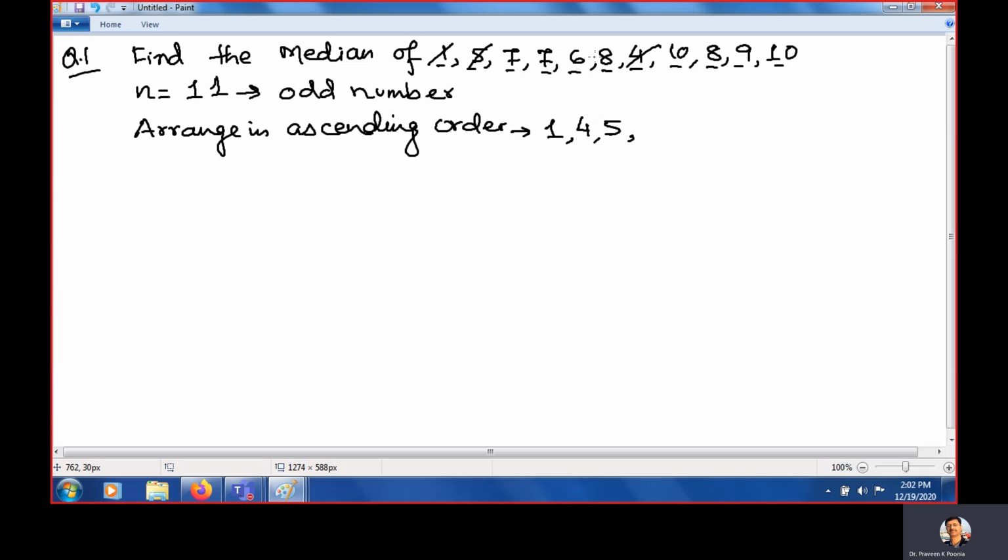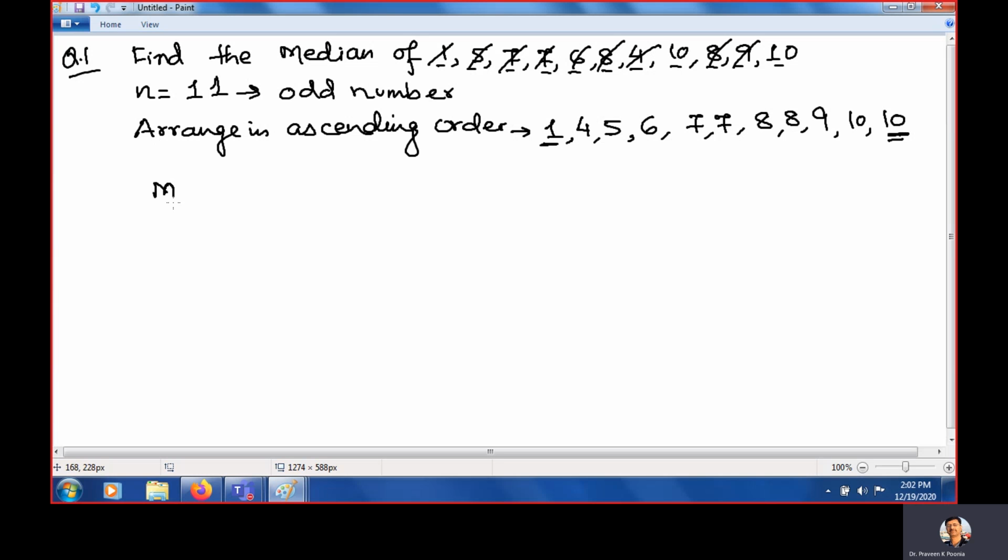What is the next number? It is 6. Then next number 7, 7. Next number 8, 8. Next number it is 9. And next numbers are 10, 10. This is called ascending order. First one is the smallest number and last one is the biggest, highest number.